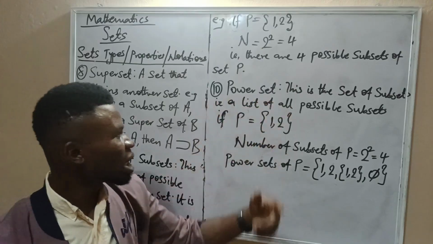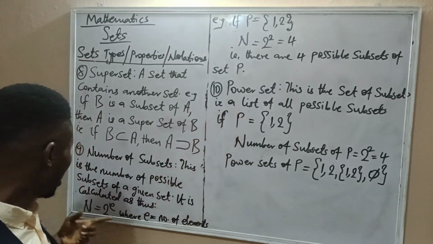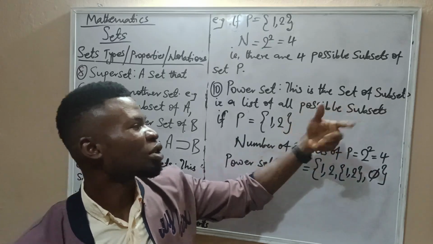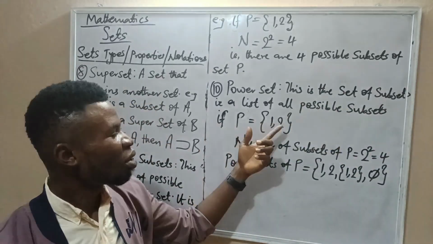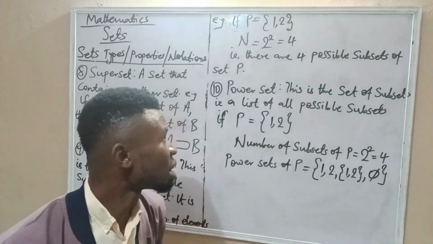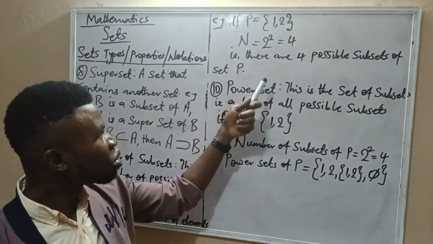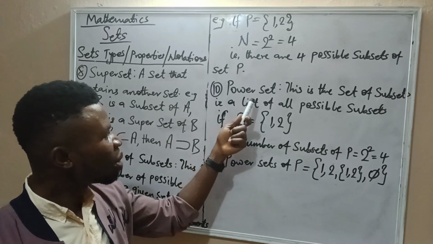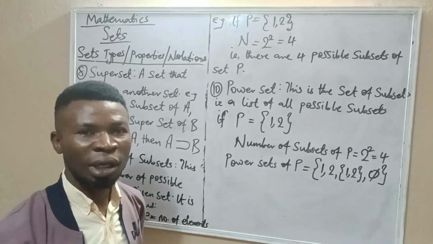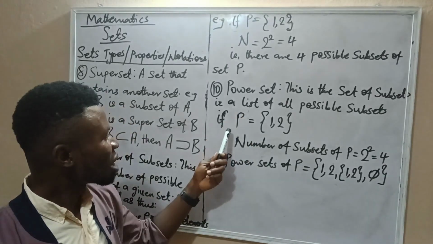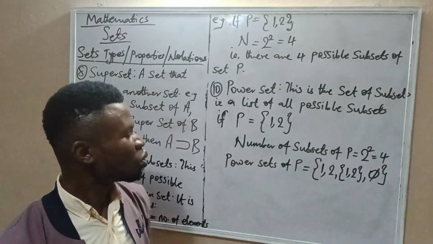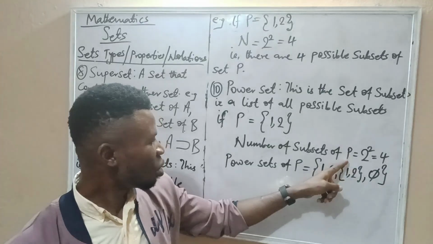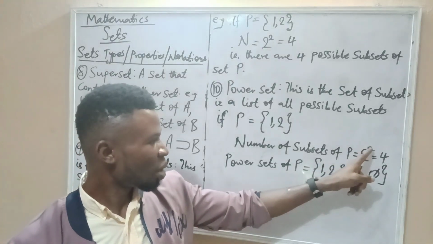And now, power sets. You notice the difference between power set and the number of subsets. The power set is the set of subsets, just like the list of all those possible subsets. Number of subsets is used to calculate how many possible subsets you can get out of P. But the power set is the list of all those possible subsets. For instance, if P is equal to 1, 2, then the number of subsets is 2 to the power of 2, which is equal to 4.